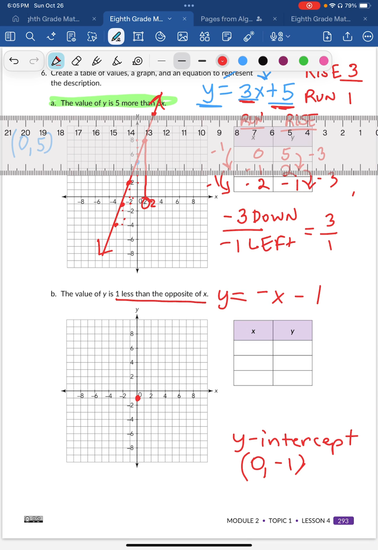What is my slope? Remember my invisible 1? So my slope is -1 over 1. So I either need to go down and to the right, or I need to go up and to the left. If I go up and to the left, it's going to look like that.